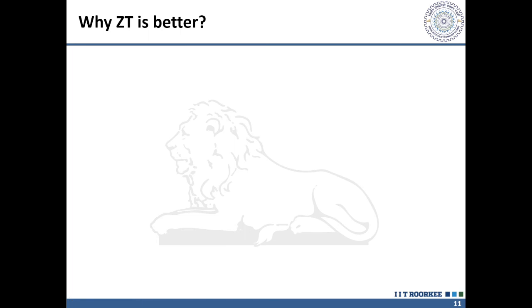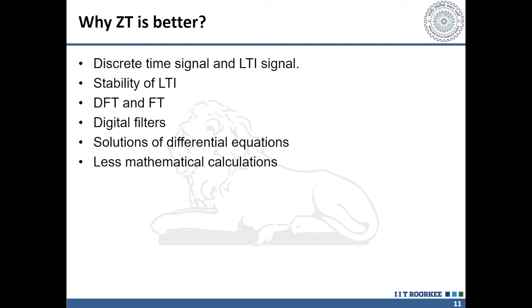Now the question is, why do we need to use Z transform although we have so many analysis methods? First of all, it is applicable for discrete time signals, and in practice we have samples of time to compute, so Z transform is practically more feasible than the other transforms. Both discrete time signals and linear time invariant systems can be completely characterized using Z transform.